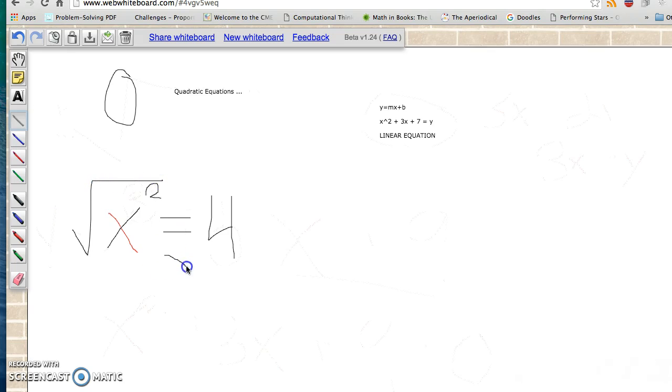What you're doing to get to that 4, what you're doing to it, is radical. I mean, the radical sign is what you put on it, but it's called taking the square root. Because 2 squared is 4, so the square root of 4 is 2. So I took the square root of both sides.